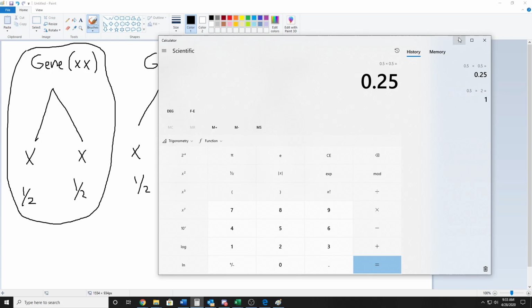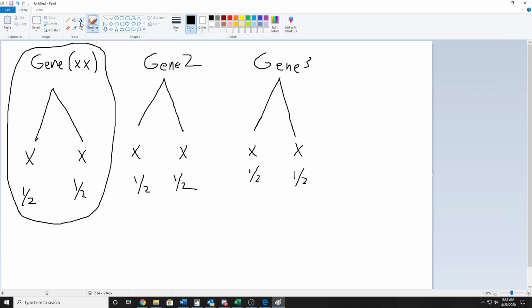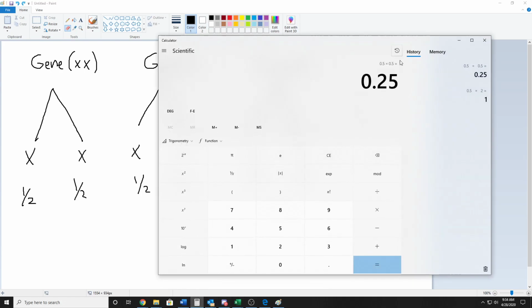doing so. However, now we're looking at 3 genes, and if we wanted a very specific phenotype, and we needed to be very careful about which genotype we selected, now we have to keep multiplying to figure out the percent chance of breeding the very specific genotype that you want. So let's do that right now. We're going to continue multiplying by 0.5.